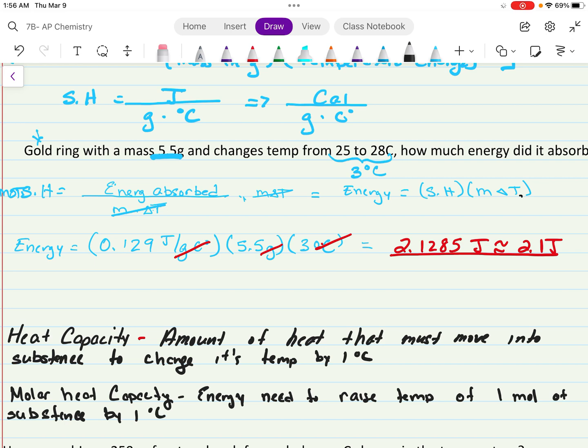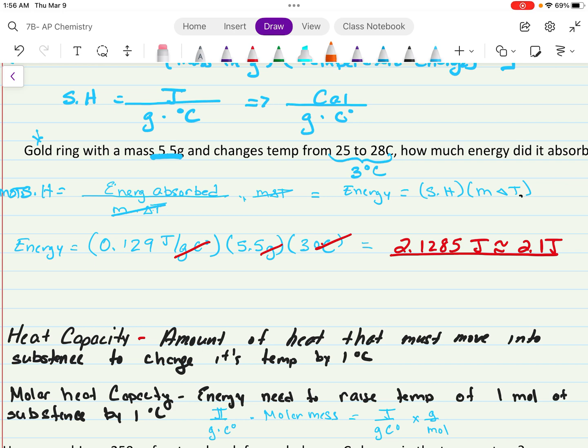Basically, the unit ends up being that you have 1 over grams times 1 joule times the molar mass of a substance. Now remember that molar mass is equal to grams per mole.